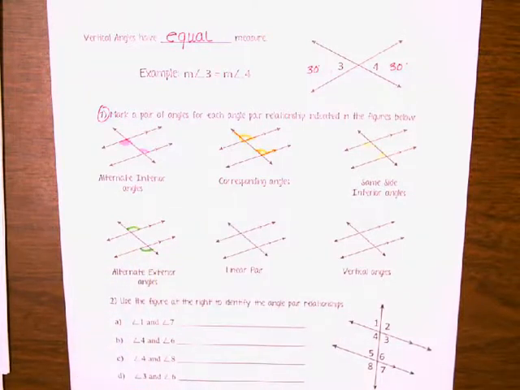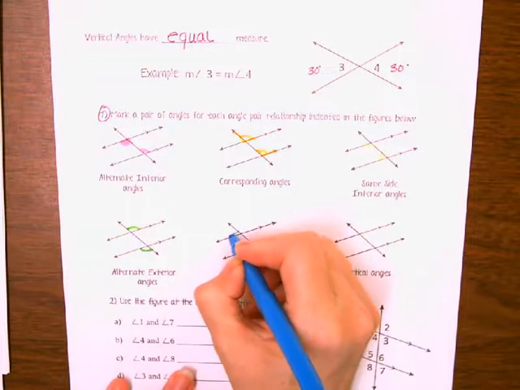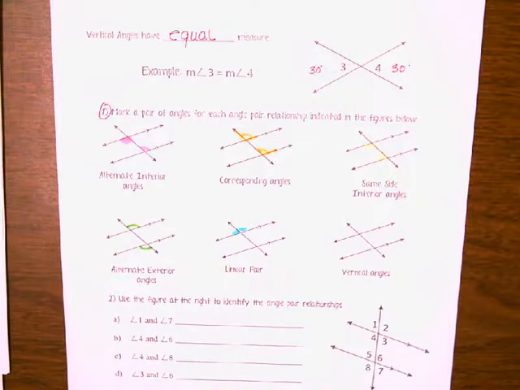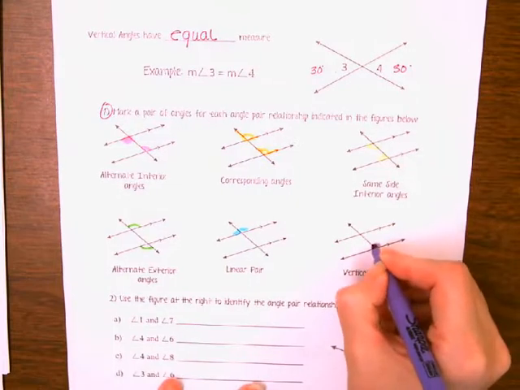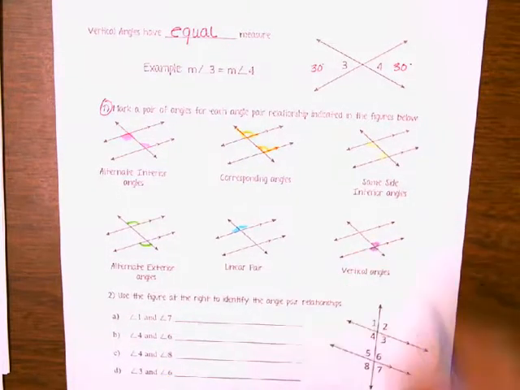Let's find a linear pair next to each other. There's lots of linear pairs next to each other. And let's find some vertical angles. Lots to choose from here. I could choose this one and this one.